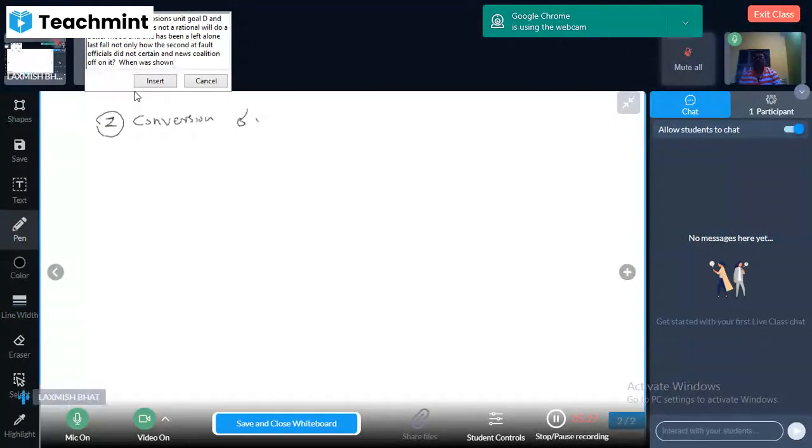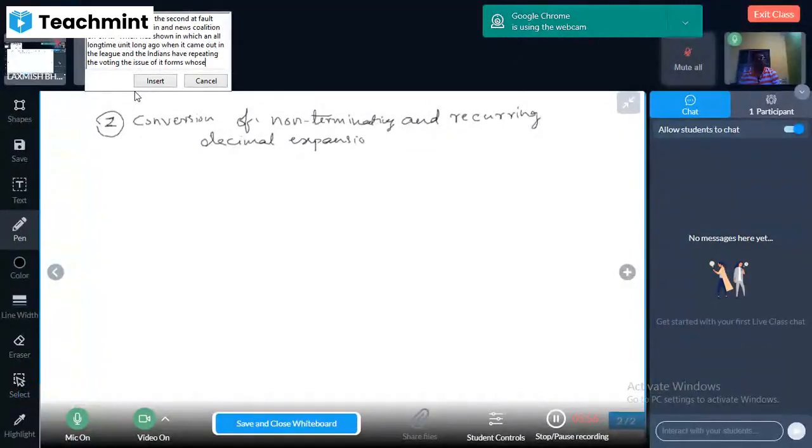The second is conversion of non-terminating and recurring decimal expansions into P by Q form.